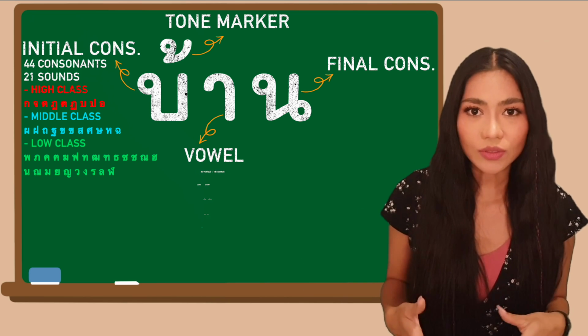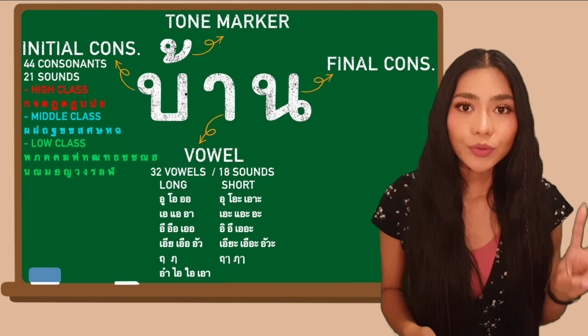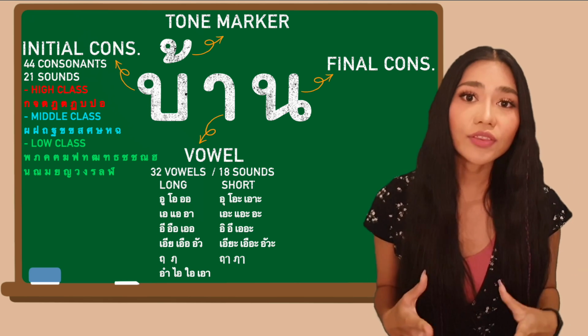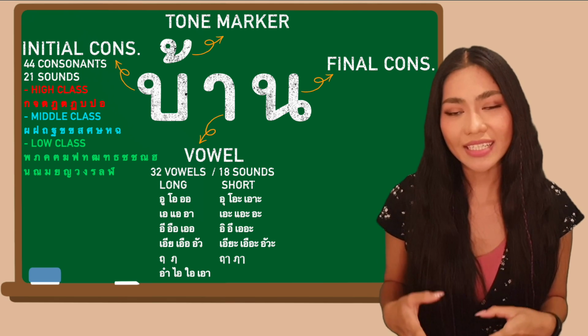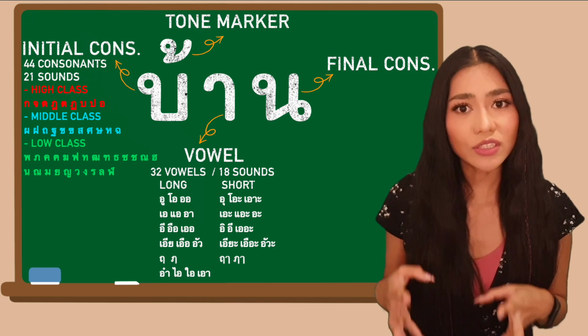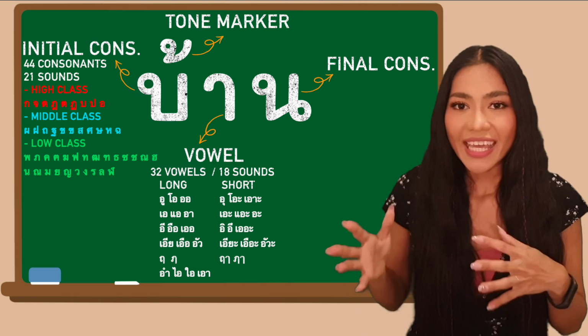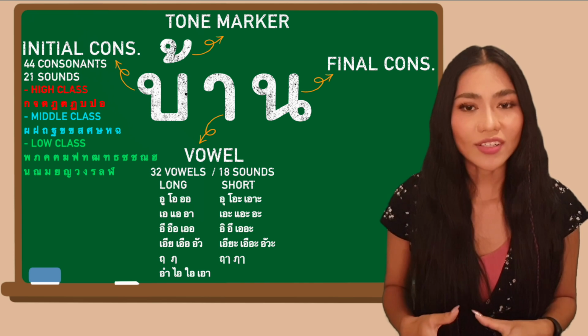Next, we have vowels. Vowels are divided into two main groups, long vowels and short vowels. We have 32 vowels, but only 18 sounds, because some of the 18 sounds mix together and create new vowels.